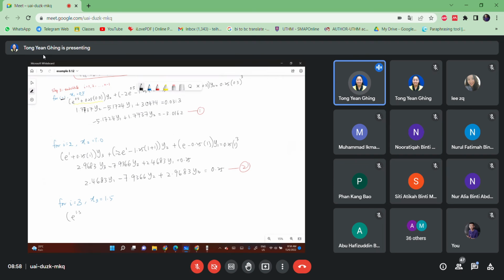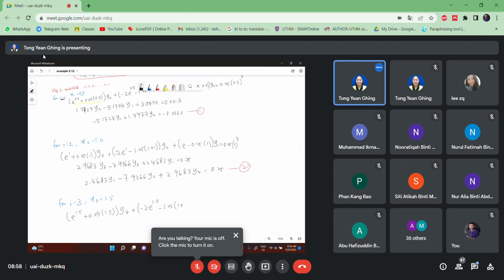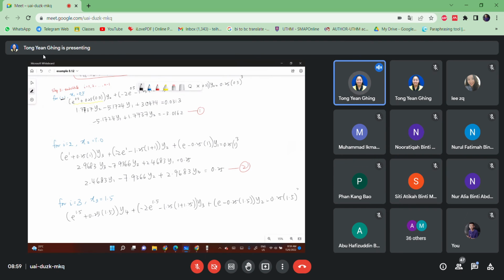So start with this one, 1.5 plus 0.25 times with 1.5 y4, y3, plus with 1.5 times with y4, sorry, y3, 2, 0.25 times with 1.5 power of 3.